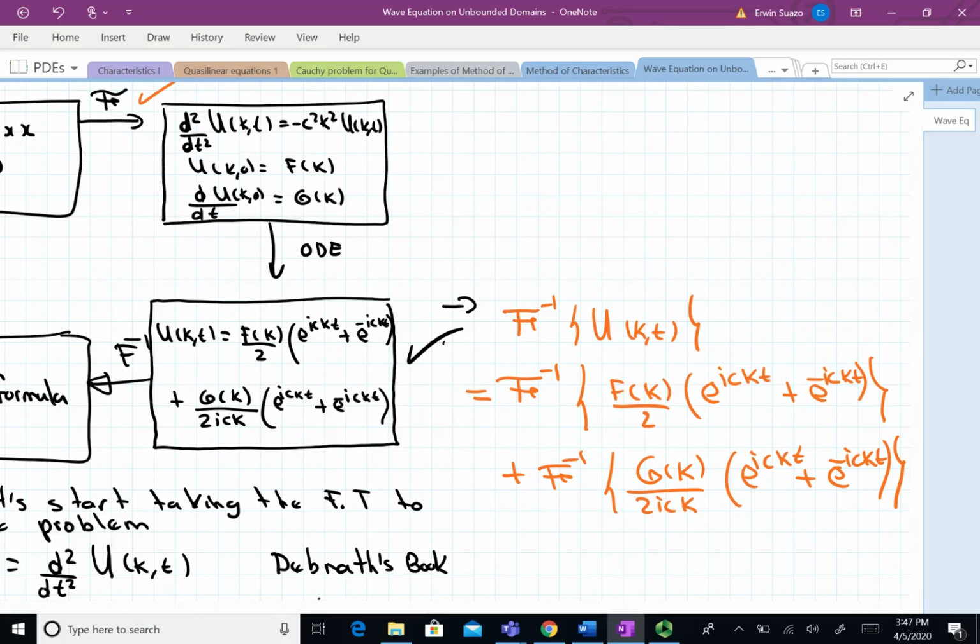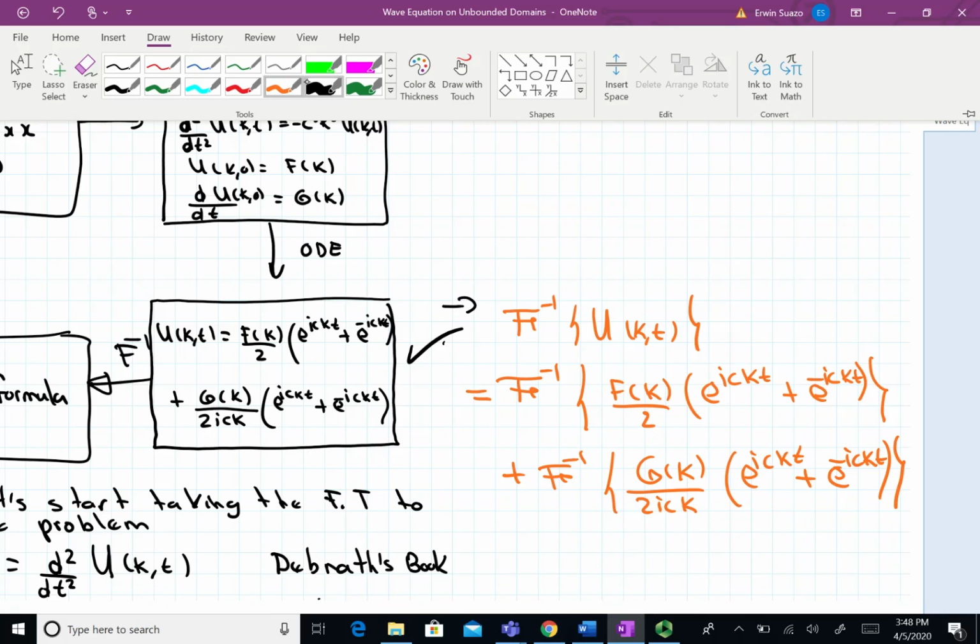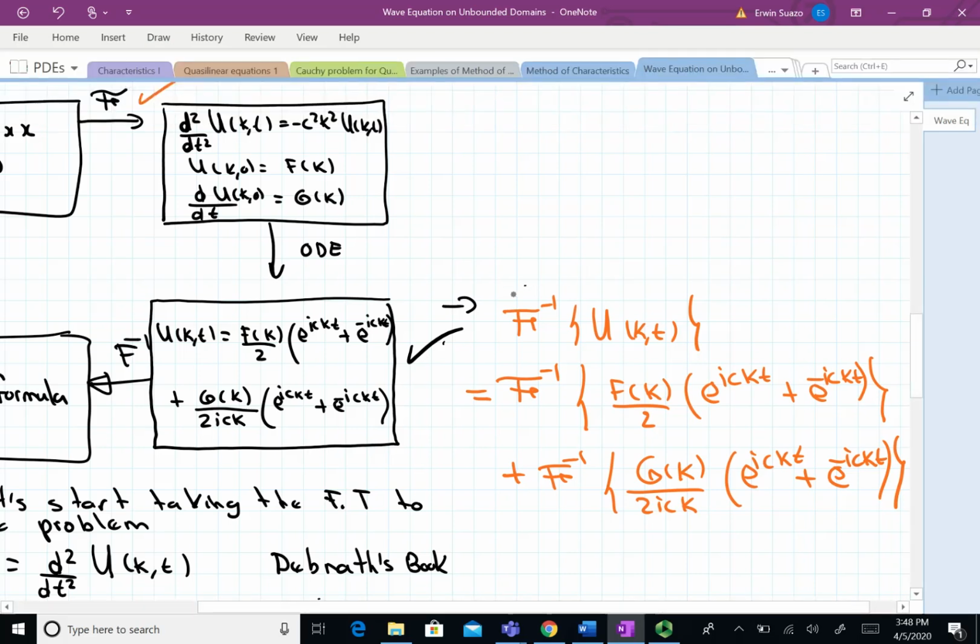So let's start with the left side. The inverse Fourier transform of capital U is the Fourier transform of the small u. So by the inverse Fourier theorem, this first guy is just u(x,t). The inverse cancels with the transform, because capital U is the Fourier transform of the small u.